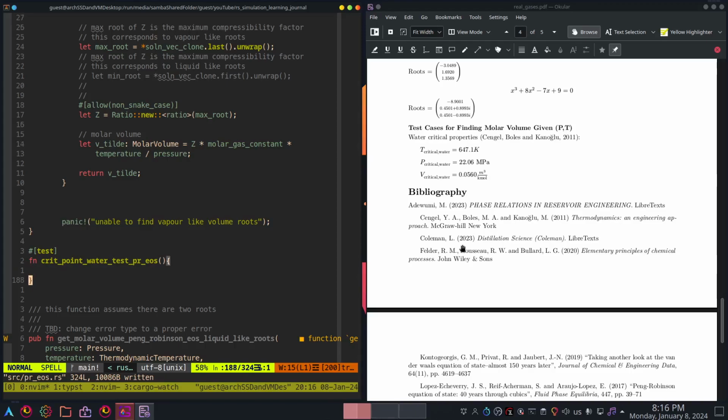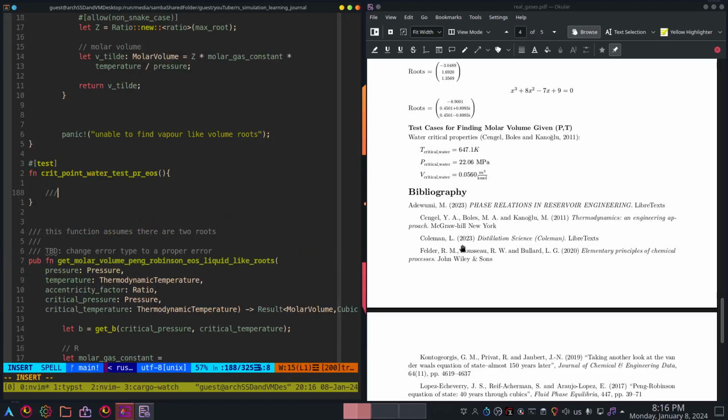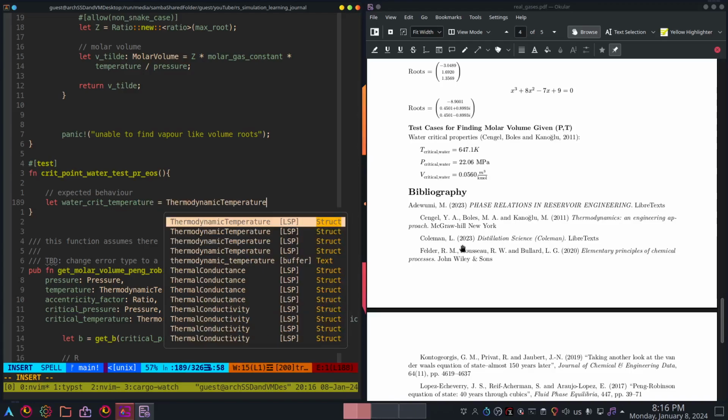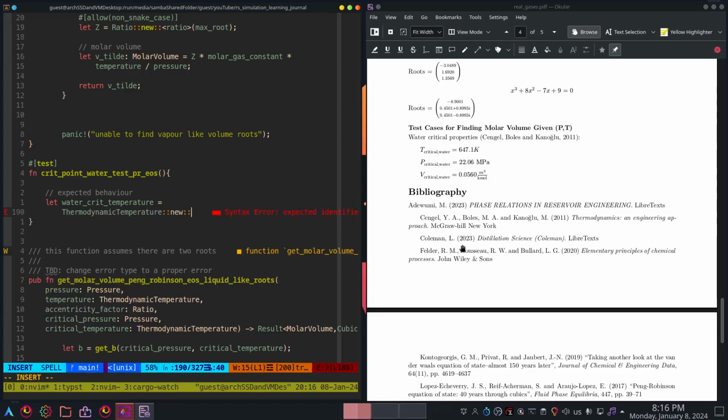So again, with every test we have expected behavior and actual behavior. So this is the expected behavior. Let water critical temperature equal thermodynamic temperature new, in Kelvin, 647.1.